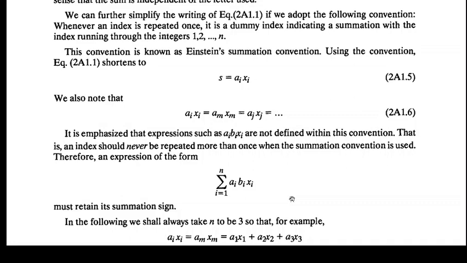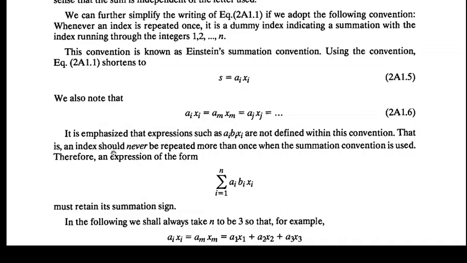Our dummy index is repeating one time and appearing two times. Repeating one time means appearing two times, and repeating two times means appearing three times. This type of thing is not defined within this convention.